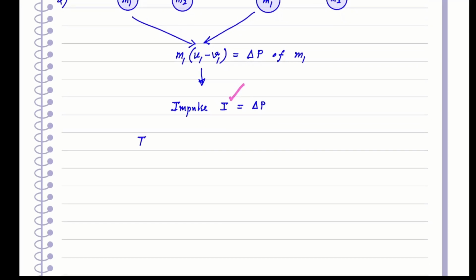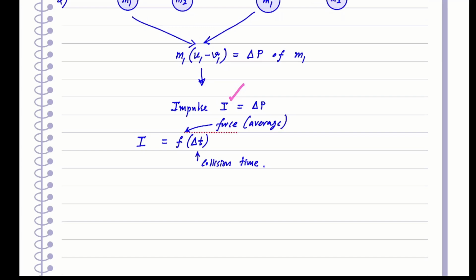you know the relation I equals F times delta t. What is this delta t? Delta t means collision time, right? F means the force exchanged between those two objects, so we can say the average force acting between those two.